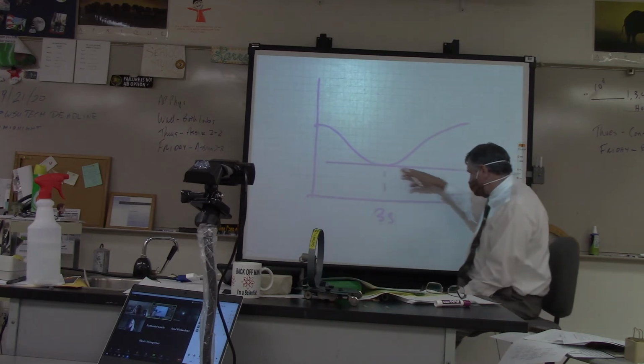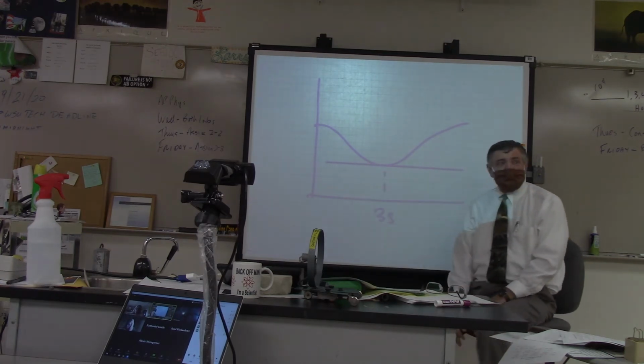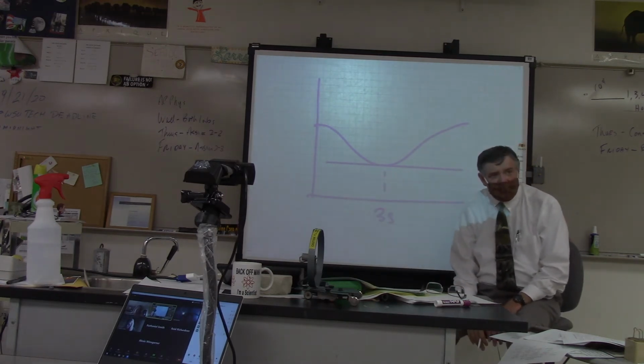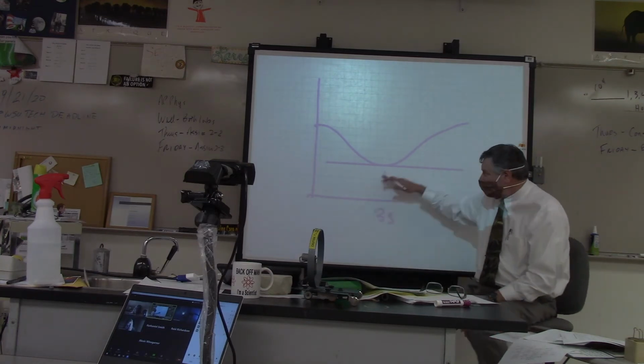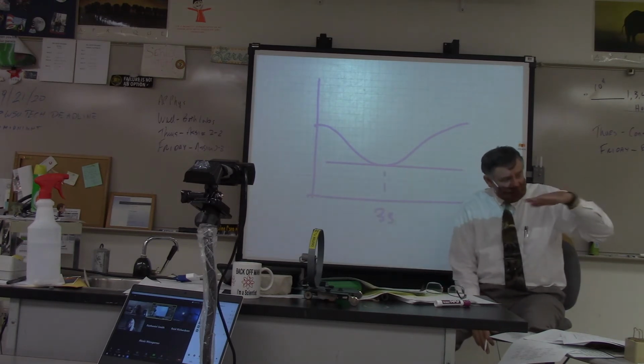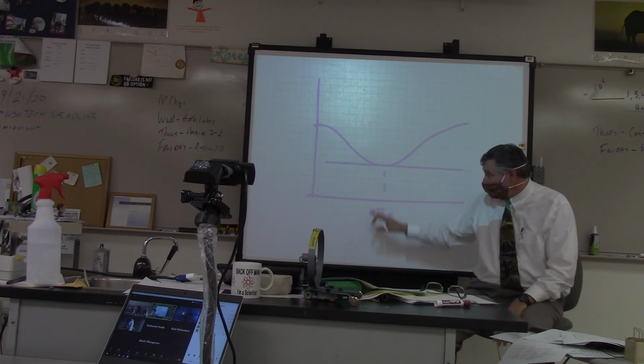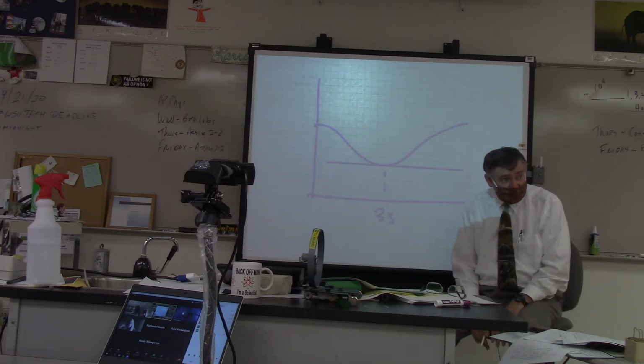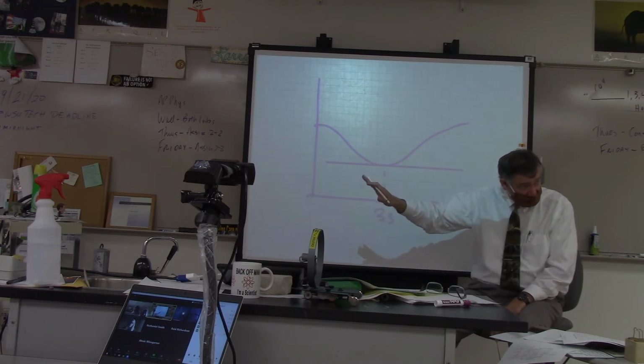So when you have a tangent line like this, what's the slope of a horizontal line? 0. So why does that have a horizontal line? That tangent line is horizontal at 3 seconds. What does that indicate? What's it doing? It's stopped, because now it's going to change direction. Okay?